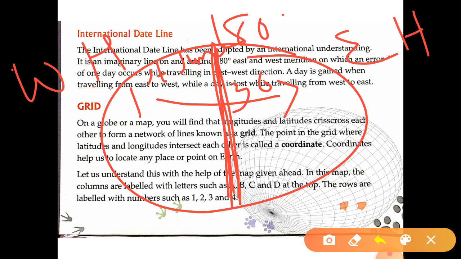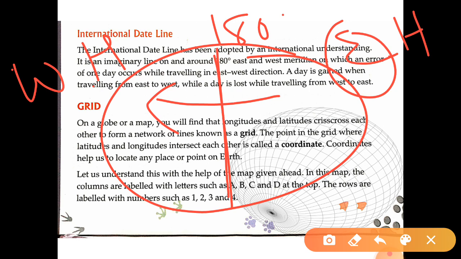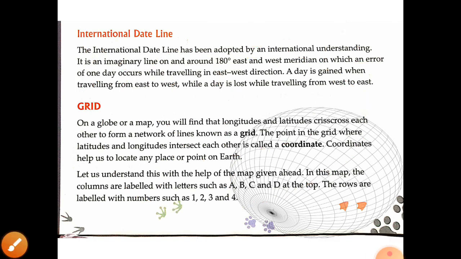Now the next one: while people are traveling in the opposite direction, from east to west, moving in this direction, they may be getting or losing one day. That is the importance of the international dateline.